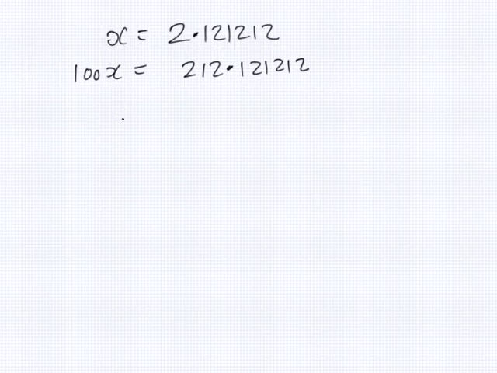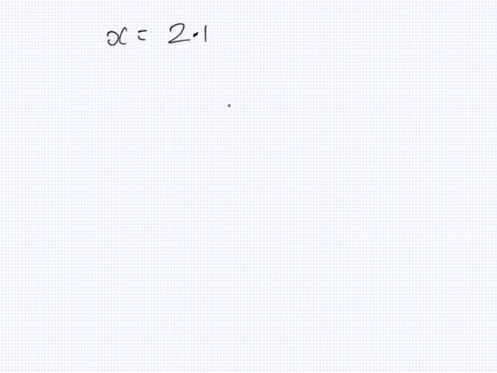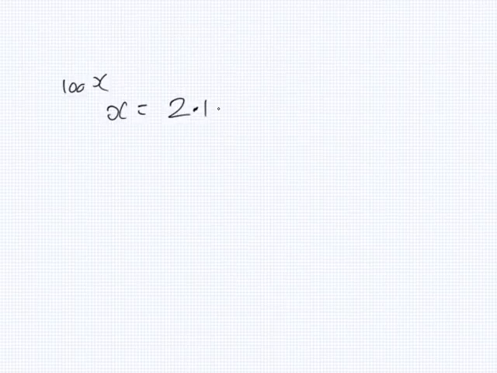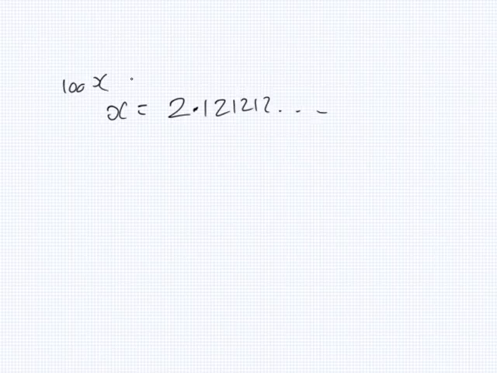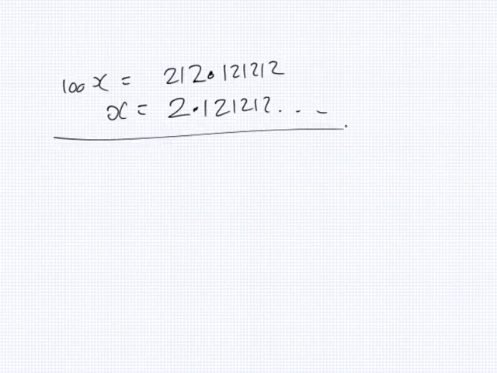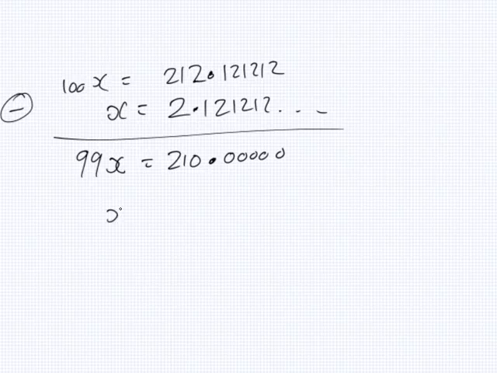I'm going to write the 100x on the top so it looks a little bit neater. 100x would be 212.121212. And then we subtract them. So here we get 99x. 212 minus 2 is 210. And then 0.121212 minus 0.121212 is 0.00000. So you get x equals 210 over 99, which is 70 over 33. So this is the algebra method.